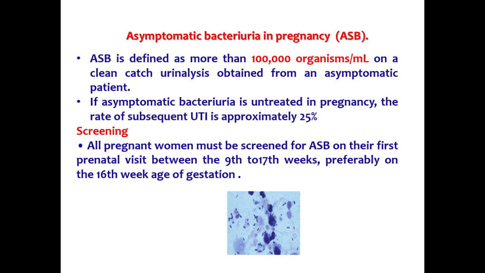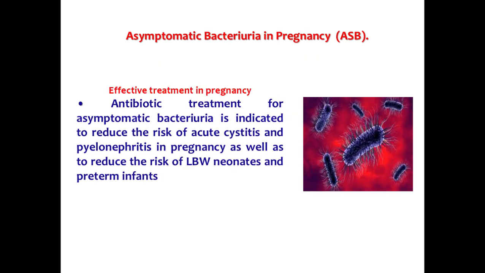So all pregnant women must be screened for the presence of asymptomatic bacteriuria between the 10th and the 17th weeks of pregnancy, and this usually occurs at the first antenatal visit, the booking visit. When we find asymptomatic bacteriuria, it must be treated to prevent further infection, cystitis, and pyelonephritis.